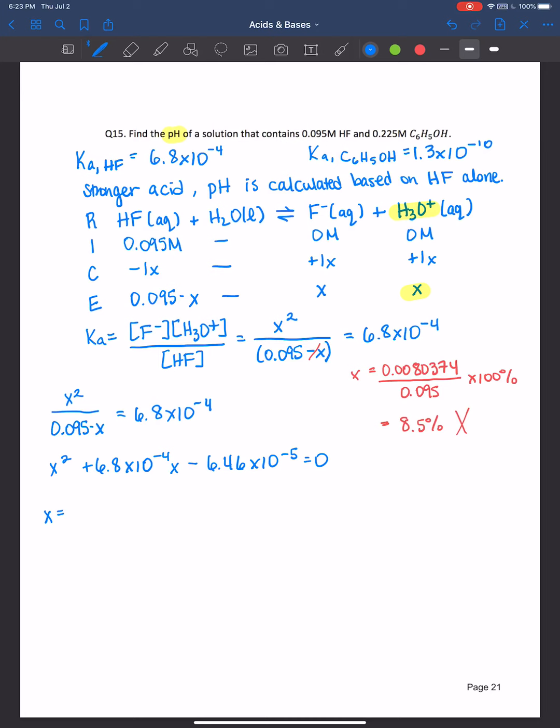You'll get two solutions. It's negative b plus or minus the square root of b squared minus 4ac over 2a. So it should look like this.